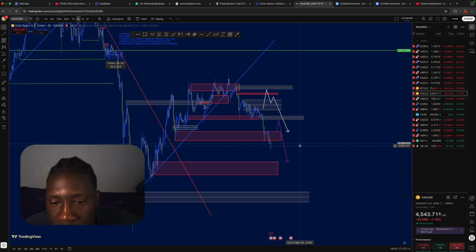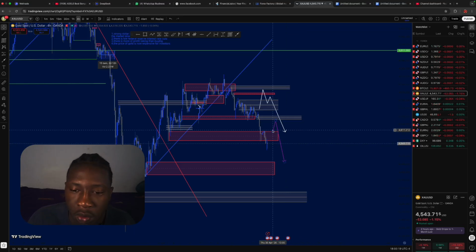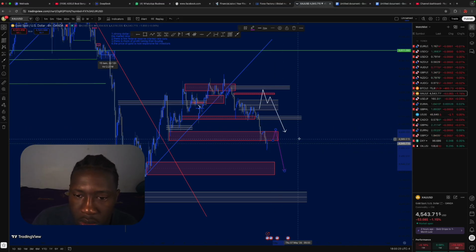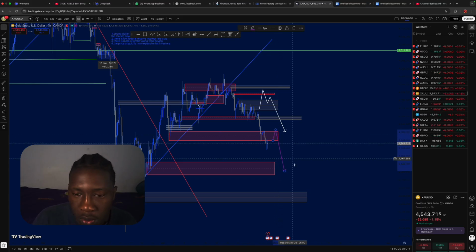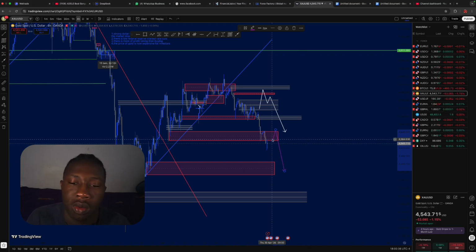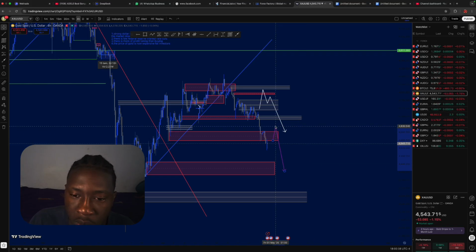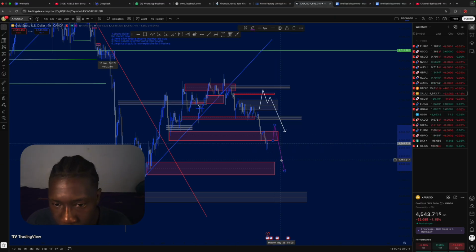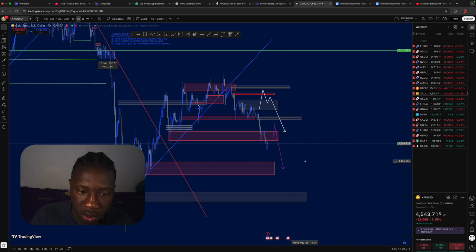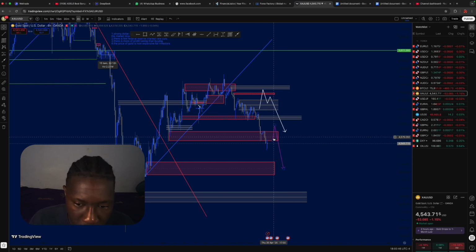This is what I am also looking for today, a movement to the upside, but with a very strong move to the upside and then a movement to the downside, because we need a lower high and then we'll continue taking the market to this low.